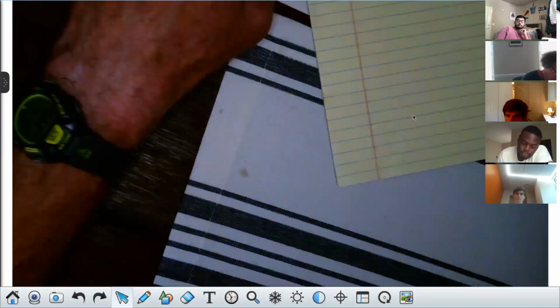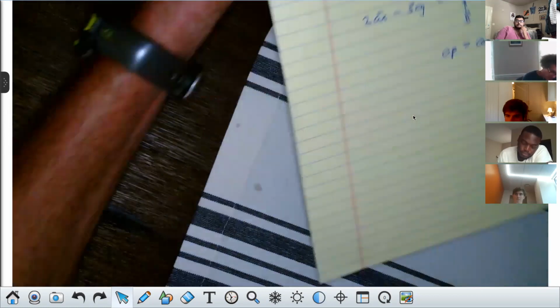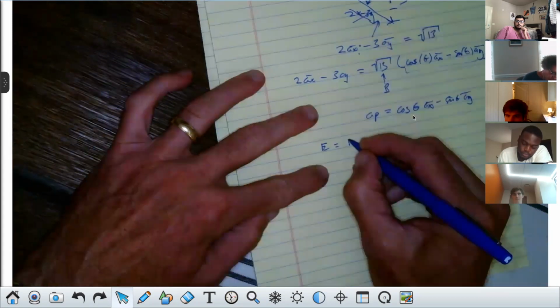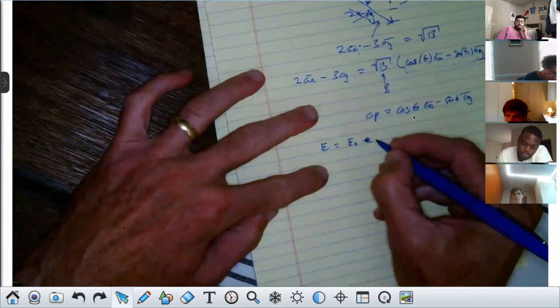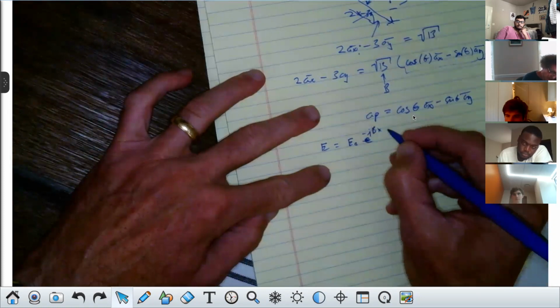In his book, what he does generally is he has everything like the E field given as some E naught, e to the minus j beta, single direction, like x and then a y, something like that.